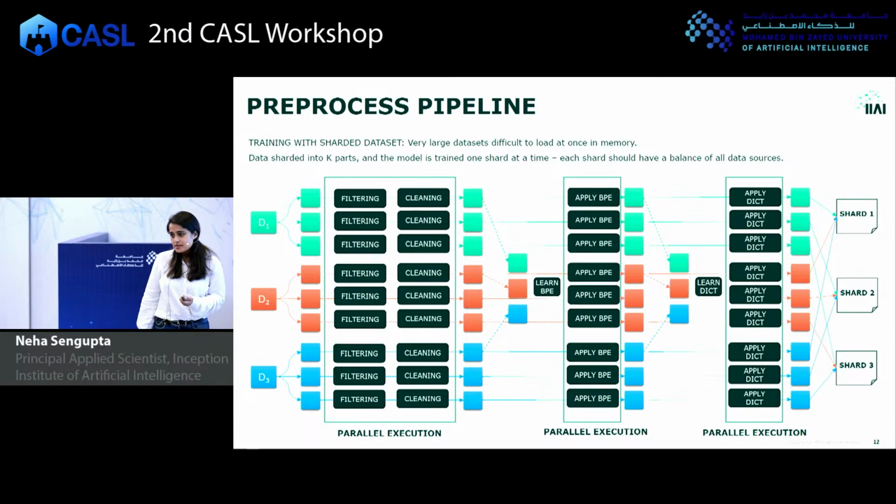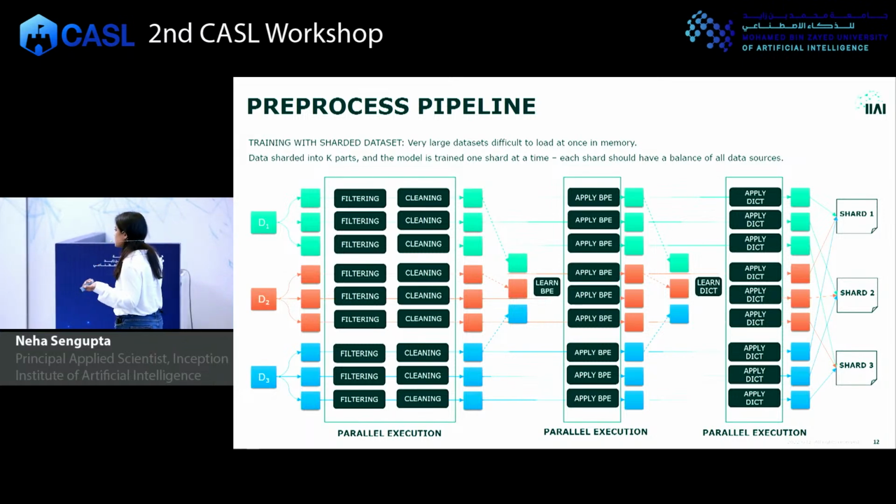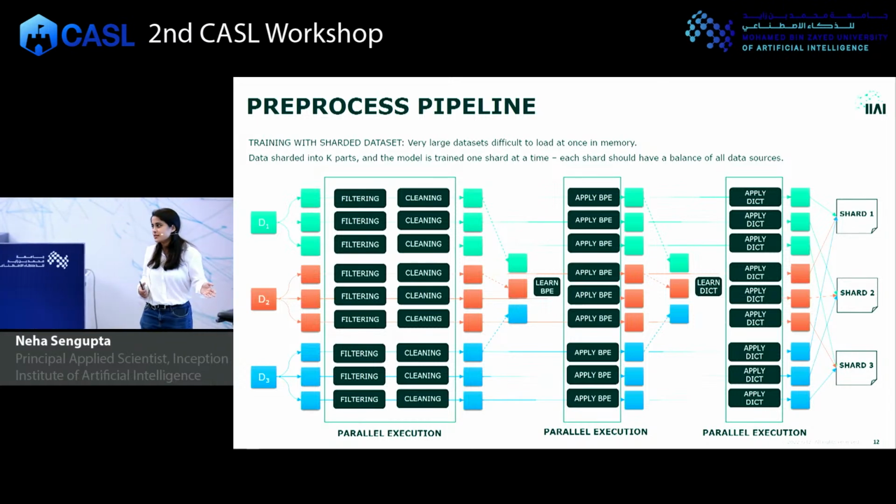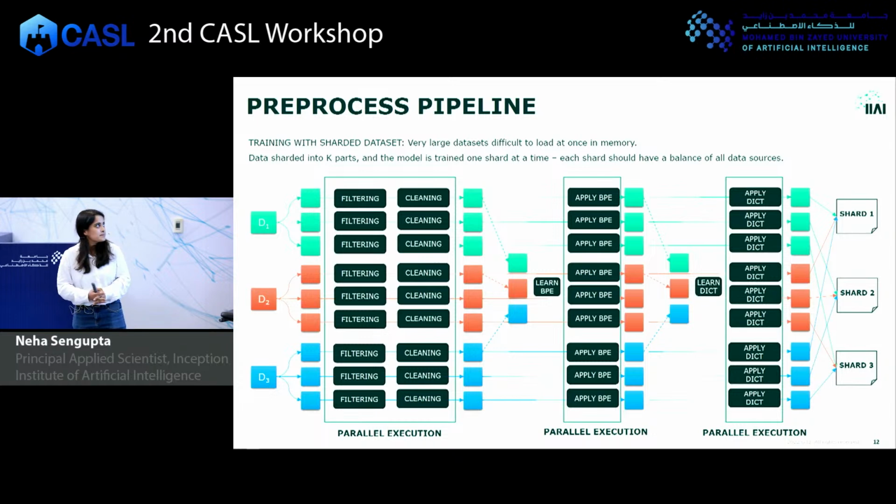So to make sure that our pre-process pipeline is also efficient, what we do is we move this sharding step right to the very beginning of the data processing pipeline, right? So instead of sharding just before we feed our data to the model, we shard right at the beginning. So let's say D1, D2, D3 are 3 different data sources, and we eventually plan to train also with 3 parts, 3 shards.